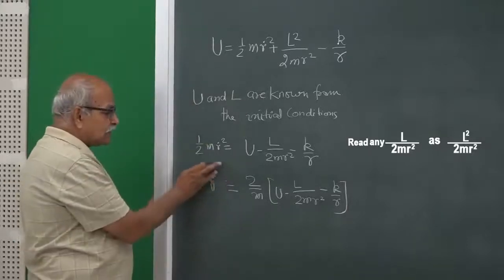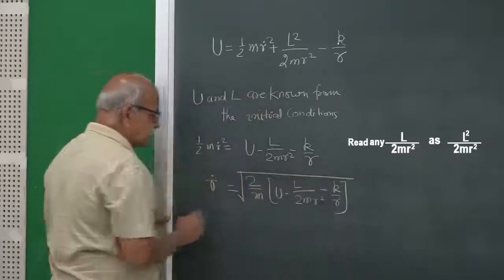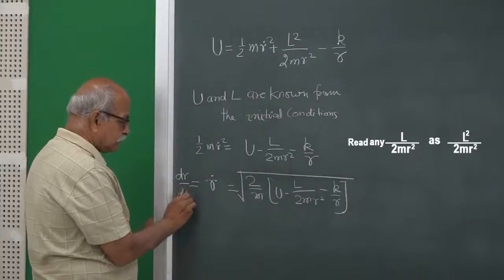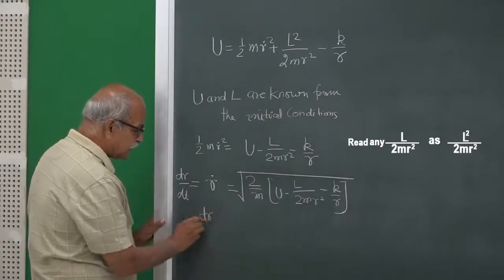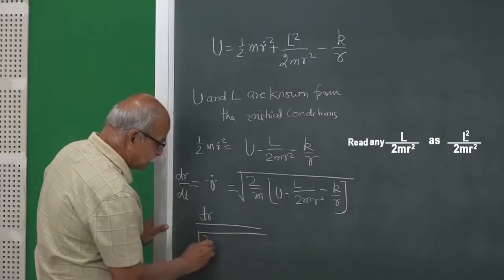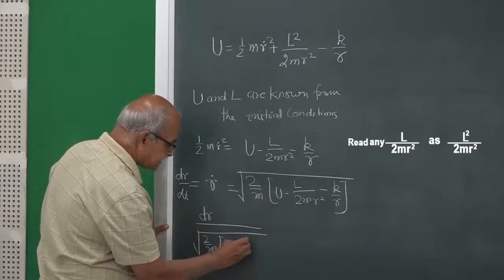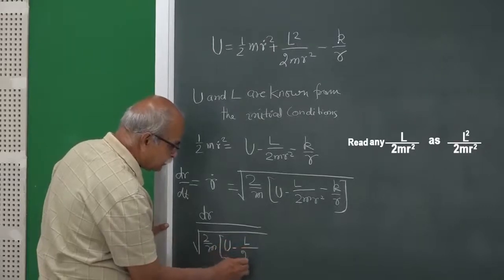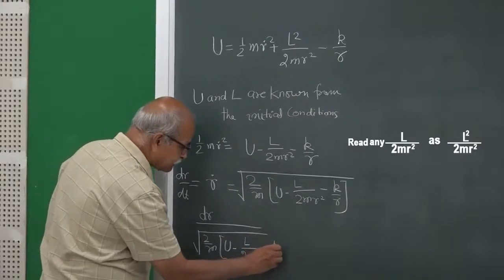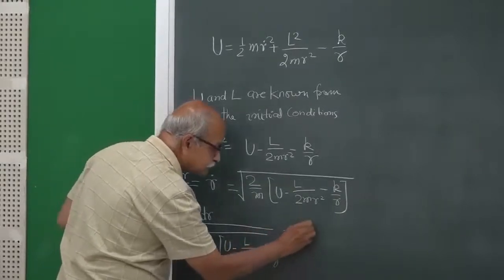So, r dot is equal to square root of this, and what is r dot? R dot is dr dt. So, dr divided by square root of 2 by m U minus L square by 2 m r square minus k by r is equal to dt.